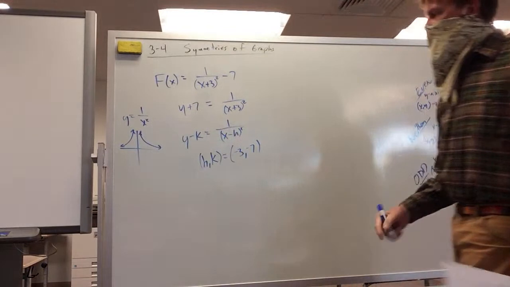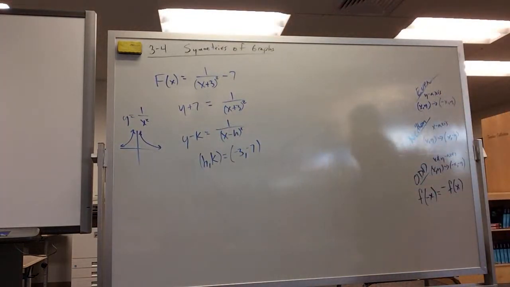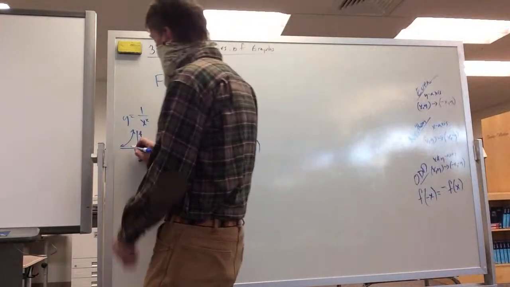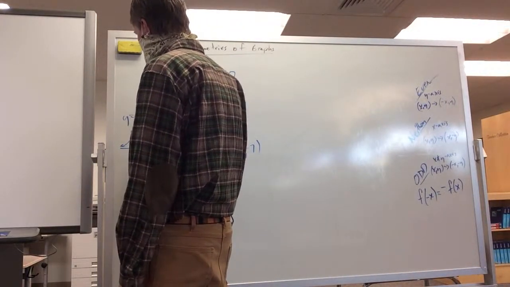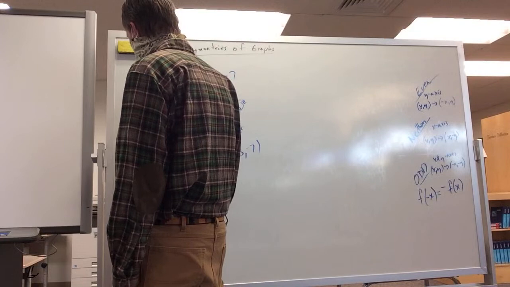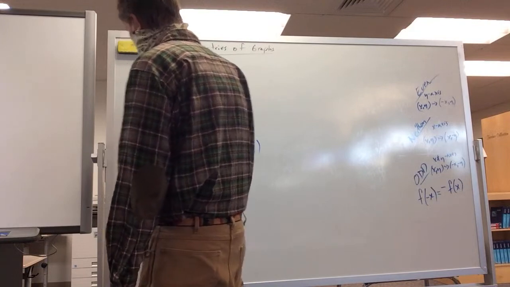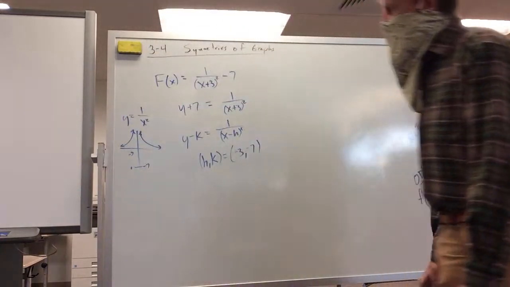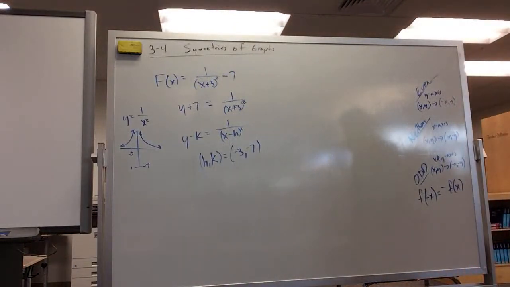So that means that the origin moved to -3, -7. And so this origin moved to -3, -7. So we have an asymptote of -3. And I have an asymptote of -7.